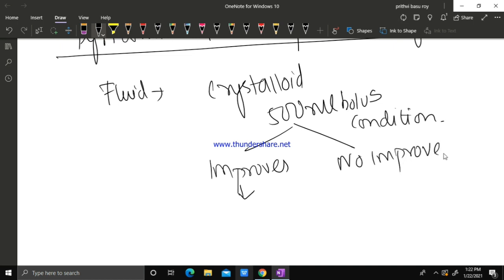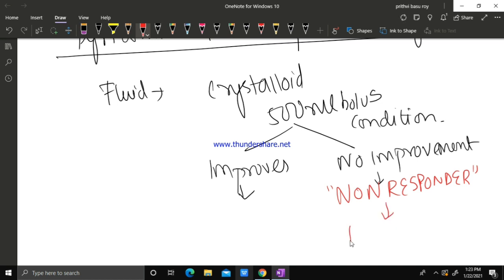If the patient doesn't improve, then definitely he or she is a non-responder, not responding. 500 ml, say it didn't respond. So 2 liters, say it won't. So improves, no, not improves. If not improves, then it is a non-responder.